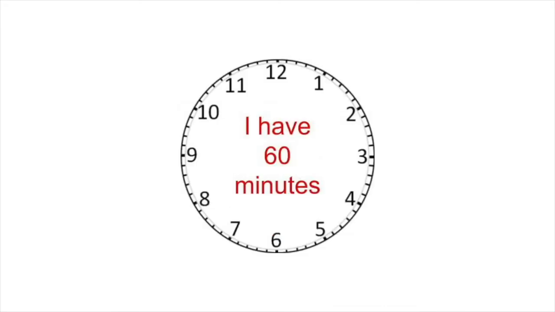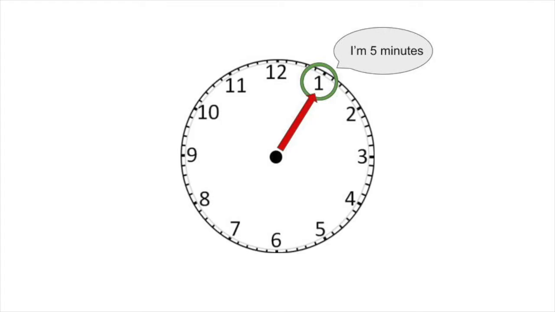An hour can be divided into 60 minutes, and each number on the clock face shows you 5 minutes. So if the minute hand points exactly at 1, it means 5 minutes have passed. We say it's 5 minutes past.